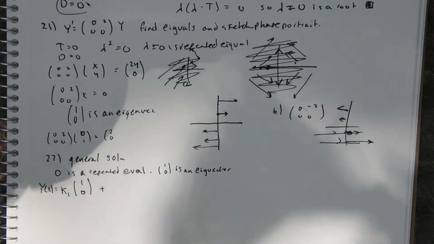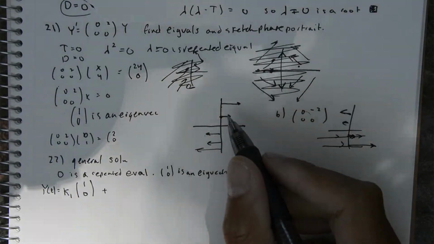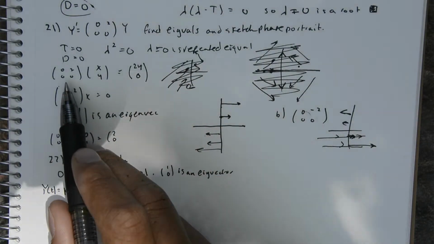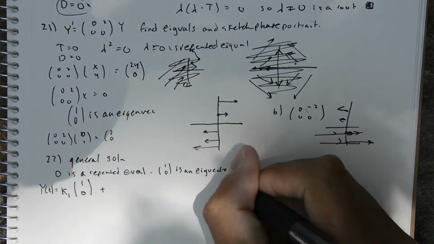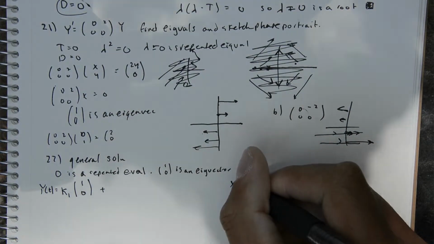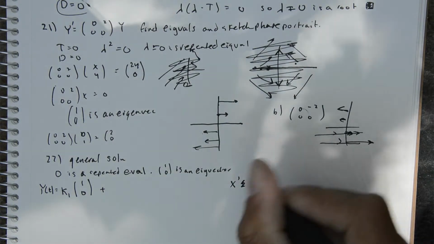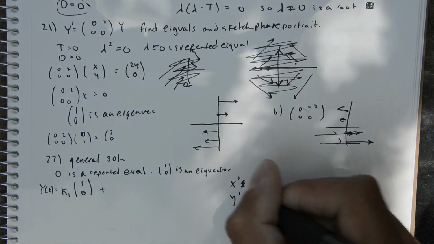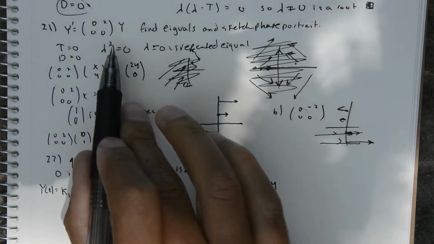Okay, so what are we doing here? Intuitively, I can see that if this is our matrix, then our equations are x prime is equal to 2y, and y prime is equal to 0. Because that's just what that means.